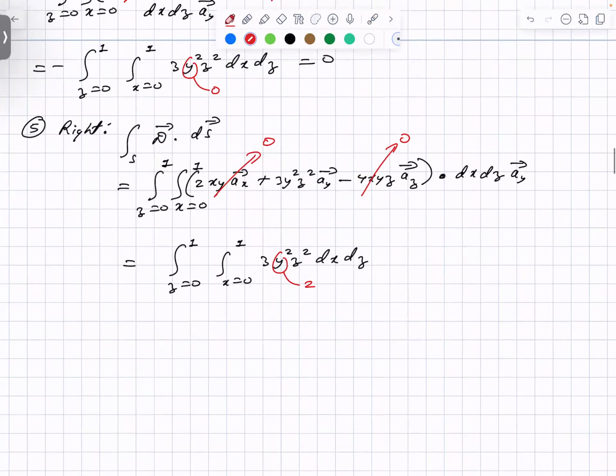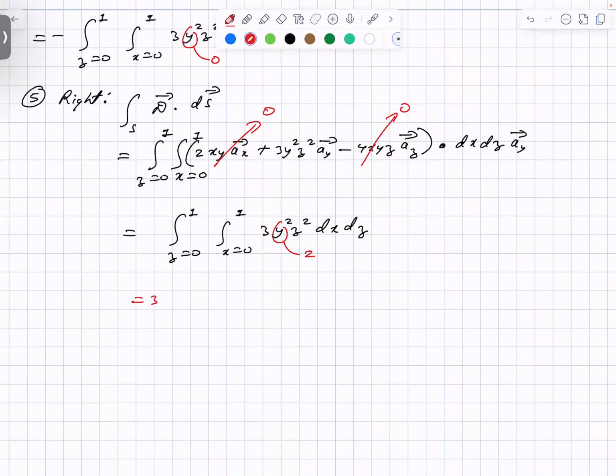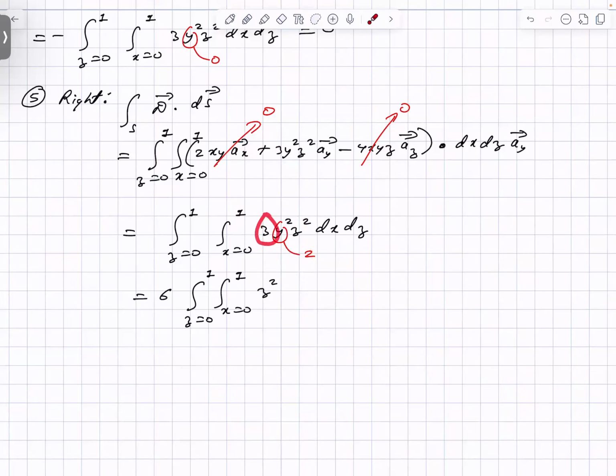And so now we can pull out the 3 as well as that 2. So we have 6. And then integral with respect to z and with respect to x, z squared. Oh, sorry. Since we have actually y squared, that becomes a 4. And 4 times 3 is 12.